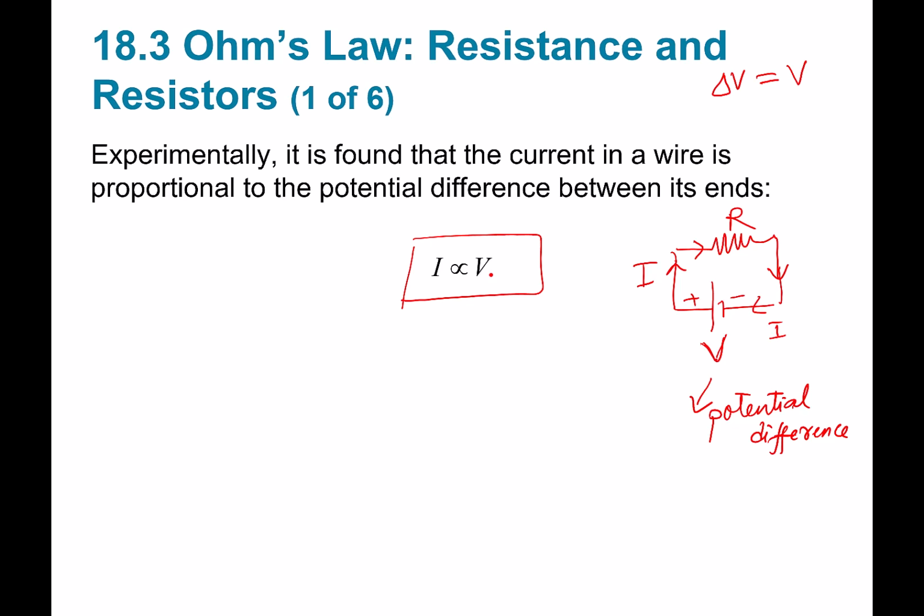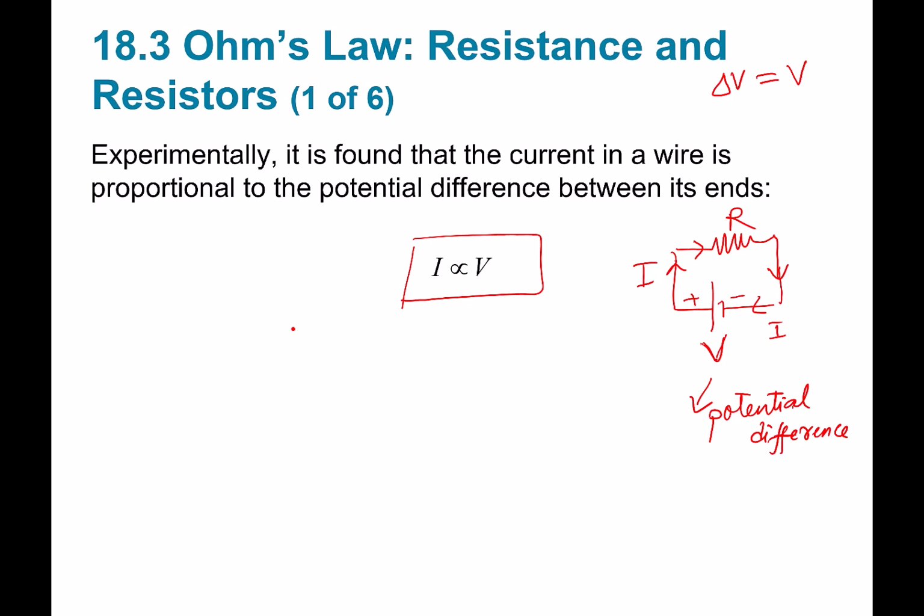So this was experimentally studied and graphically recorded, and based on that, they said if I remove the proportionality, exactly how large the current is in a wire depends not only on the voltage between its ends, but also on the resistance that the wire offers to the flow of electrons.